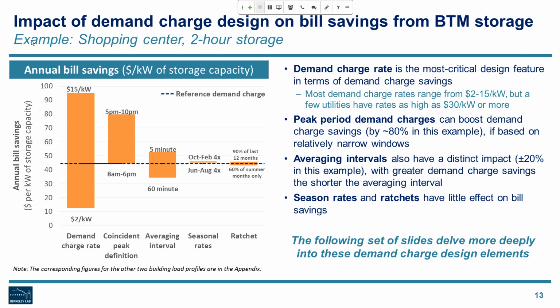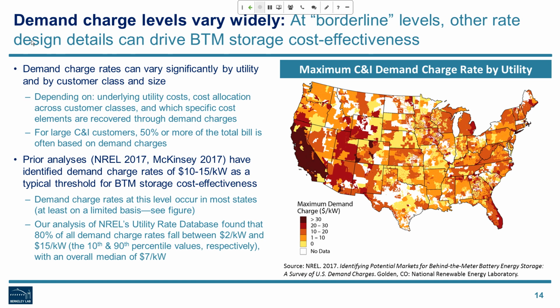So in the previous slide, we saw that the demand charge level was the single most important factor in determining the annual bill saving levels. So I thought I'd show a map of demand charge levels in utilities throughout the US. This map here on the right, which was developed by NREL, the National Renewable Energy Lab, shows those levels with darker colors representing higher levels.